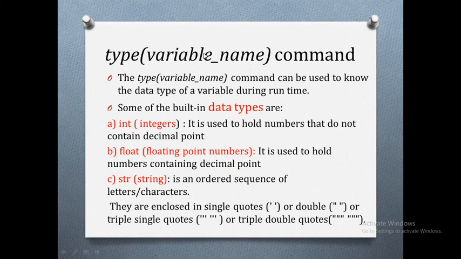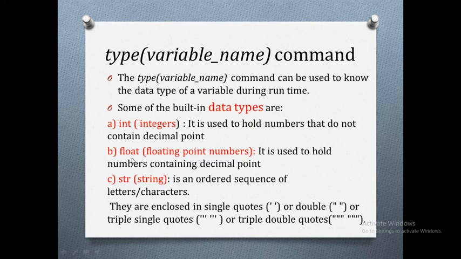The type command gives you the data type of the variable that you are passing, and there are three types of basic or built-in data types: integer, float, and str. Integers are used to hold numbers that do not contain a decimal point.